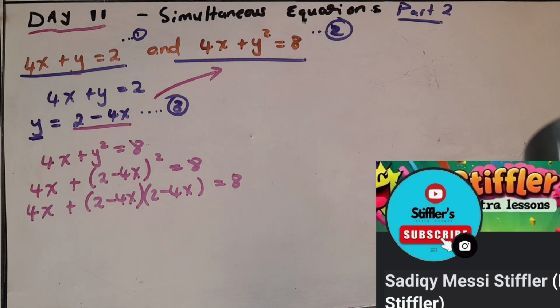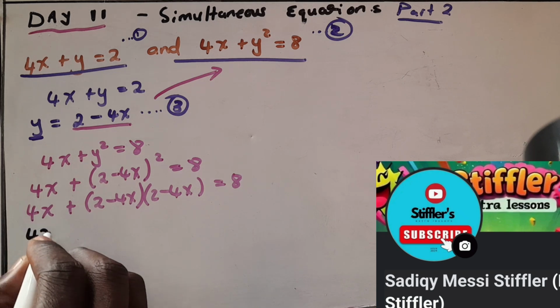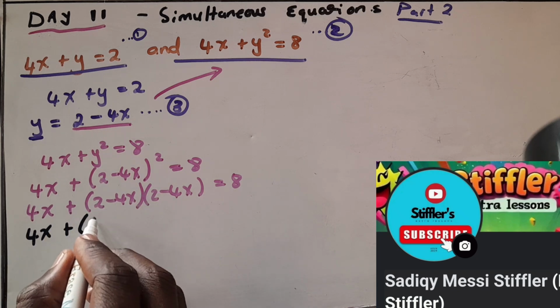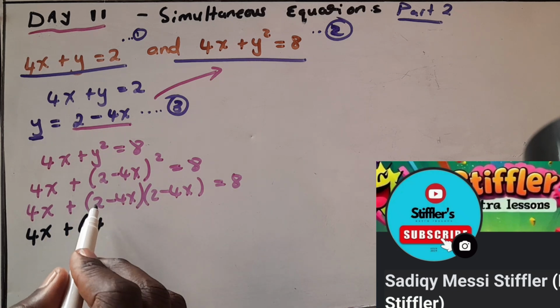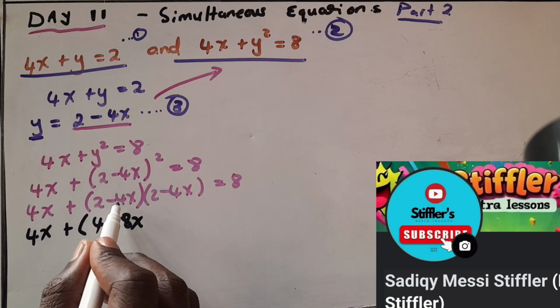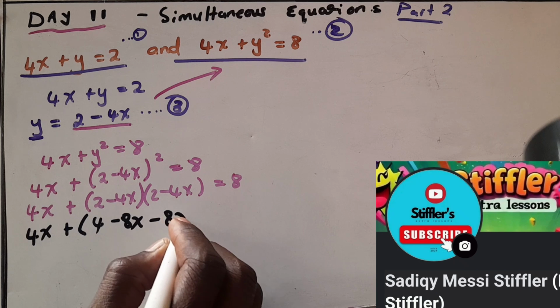Now we can expand the brackets. So this is 4x plus, when you multiply out, 2 multiplied by 2, that's a 4. And 2 multiplied by negative 4x, that's negative 8x. This and this, negative 8x.